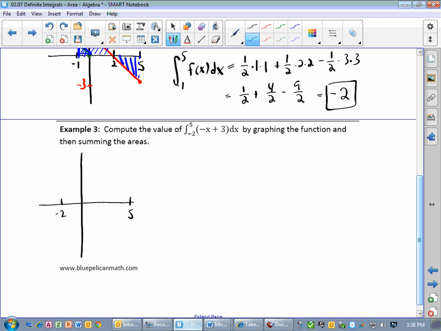We want to plug in our endpoints, -2 and 5. So we plug in -2, -(-2) is +2 plus 3, so (-2, 5). And we plug in 5, well, -5 plus 3 is -2, so (5, -2). And so we've got a nice straight line.